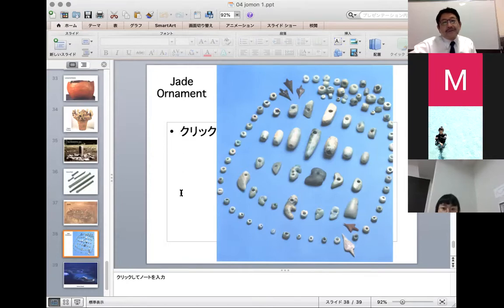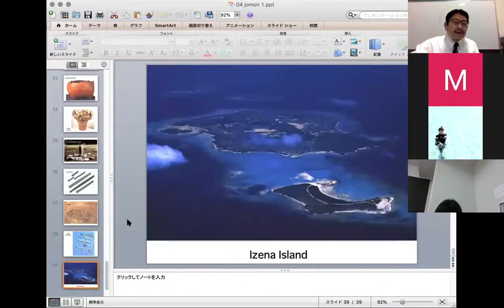They have this jade material. So that means they had this huge network of trade, things going back and forth, and that network covers the entire Japan. And it's very, very interesting. And of course, I will be explaining the details about those networks in a later lecture.